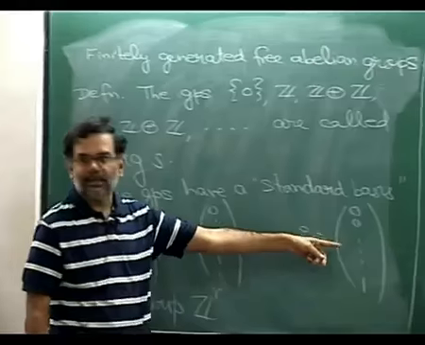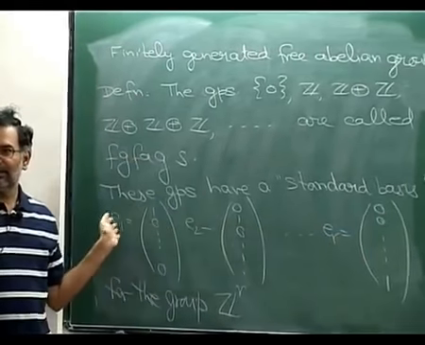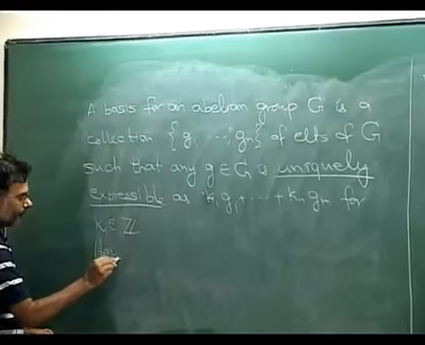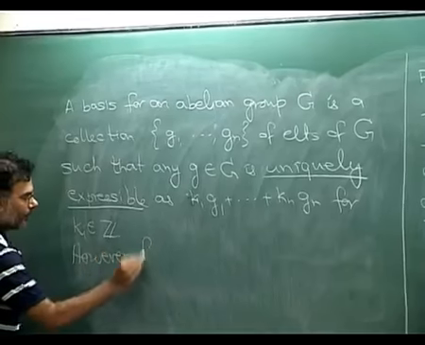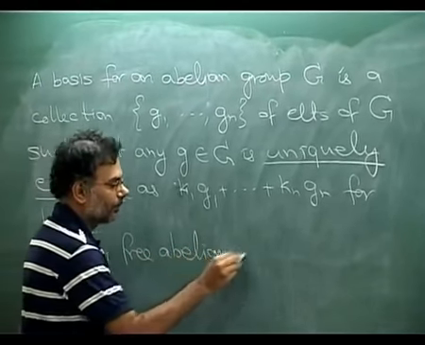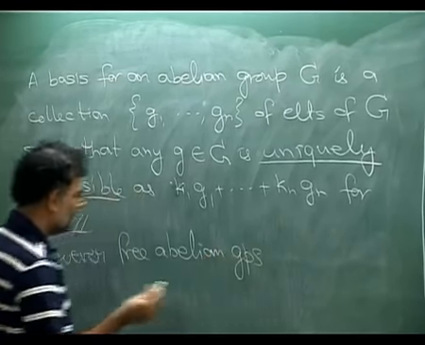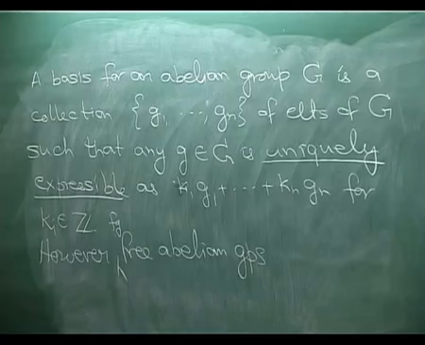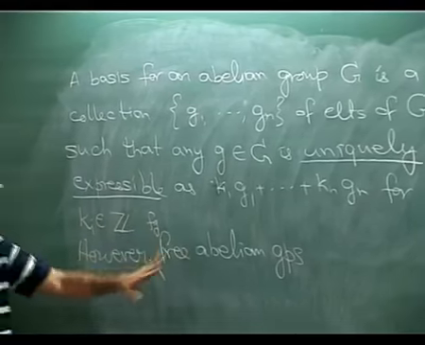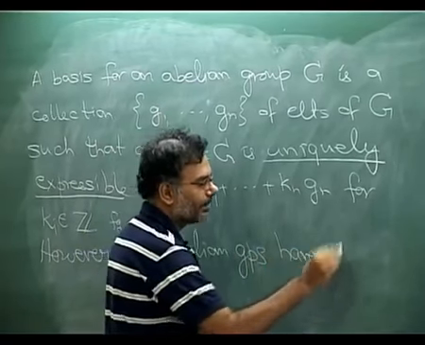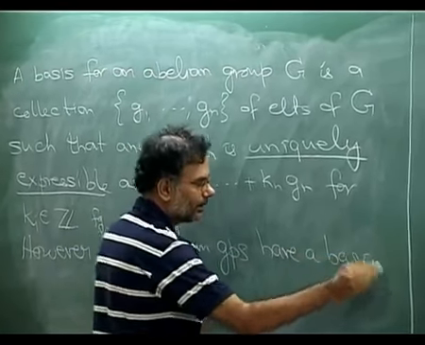This is a basis. In fact, the standard basis is a basis in the sense of that definition. However, finitely generated free abelian groups, I am only going to be worried about finitely generated ones, even if I forget to mention it, have a basis, namely the standard basis.